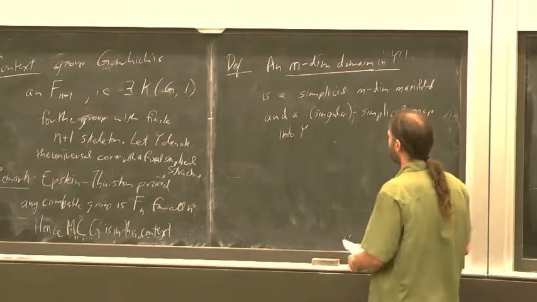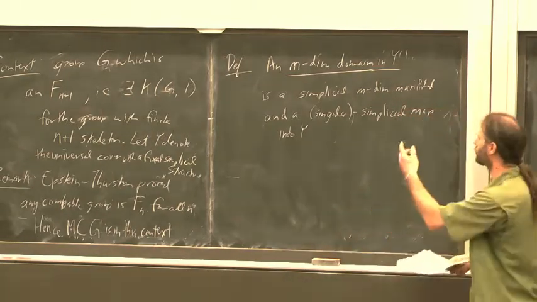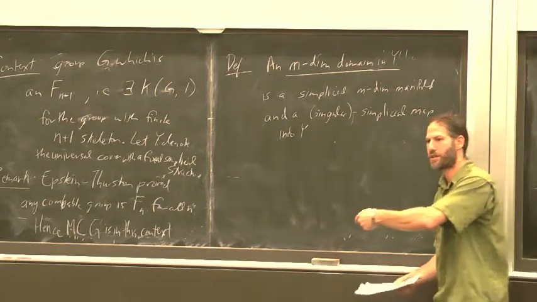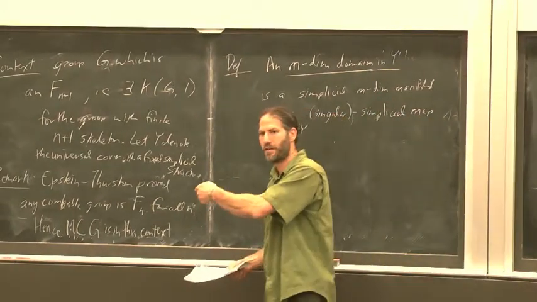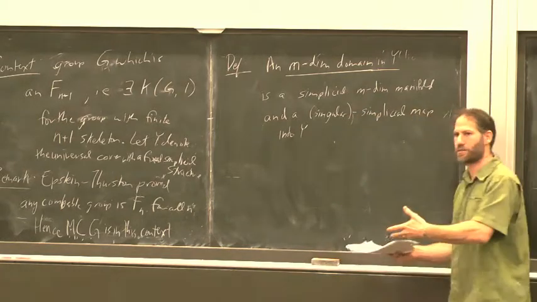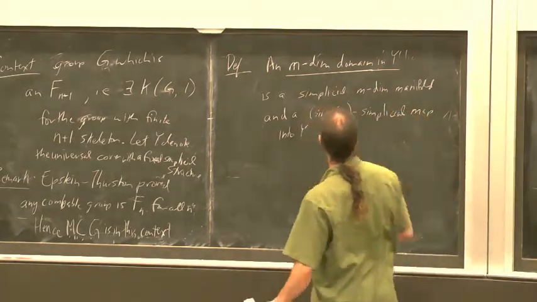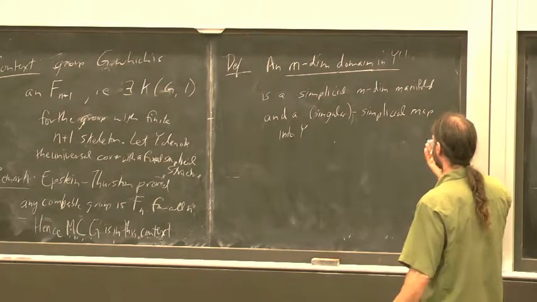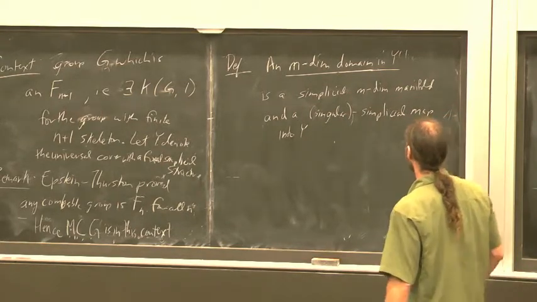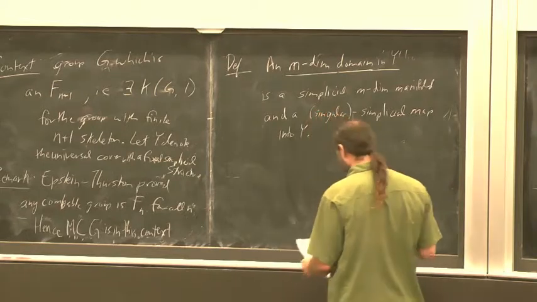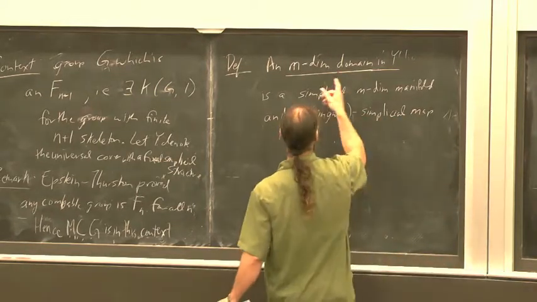And so one thing is, for instance, it may collapse everything to a point. So even though I'm calling it m-dimensional, when it's sitting inside my space Y, it may actually just be a point. But what I care about here is what the domain was that it started with in its original structure. So that's what an m-dimensional domain is. And then I can measure the volume of one of these.